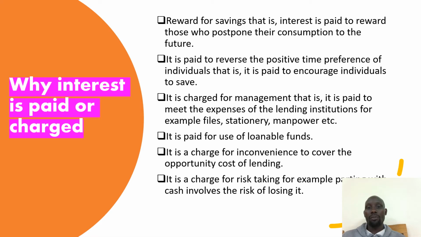So for individuals to reverse their need to use money in the present, the financial institutions attract them by paying them an interest when they save their money with financial institutions. So in that case, interest is used to reverse people's desire to spend money other than saving it in the present time.